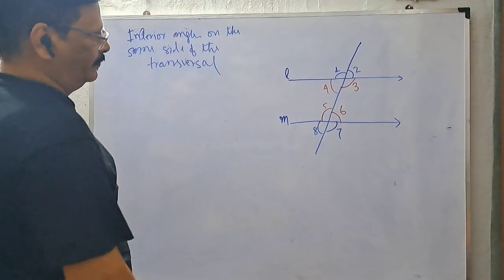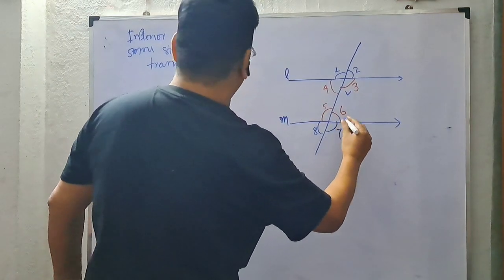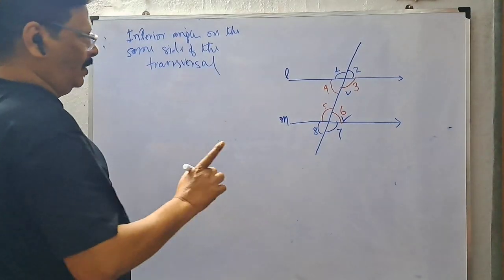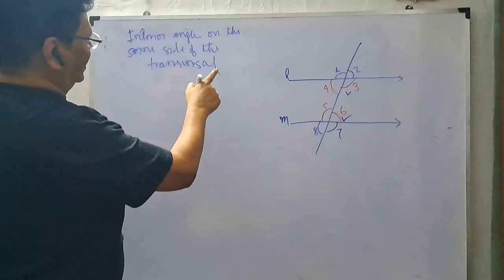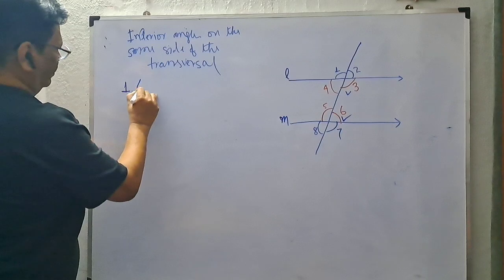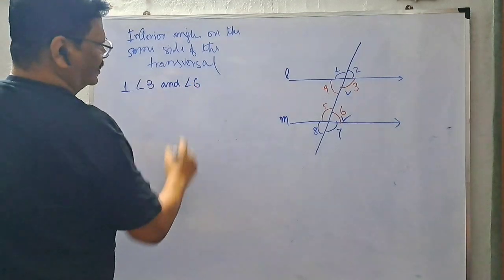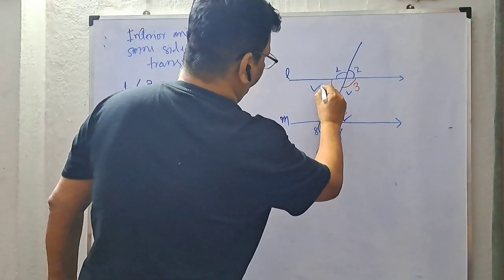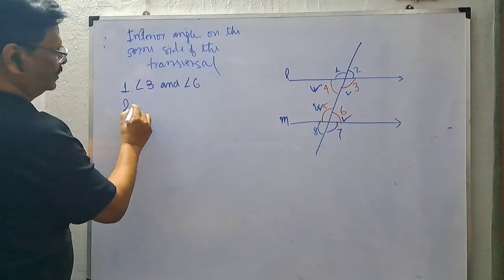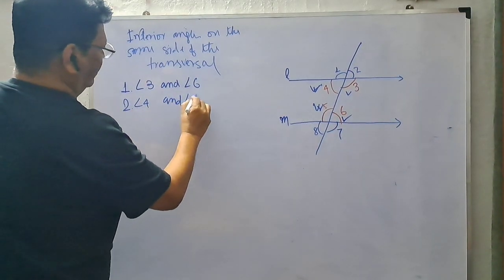Look at this and this one: angle 3 and angle 6 are called interior angles on the same side of the transversal. That is number 1, angle 3 and angle 6. The second pair is angle 4 and angle 5.